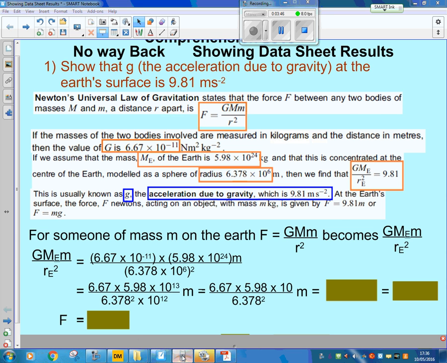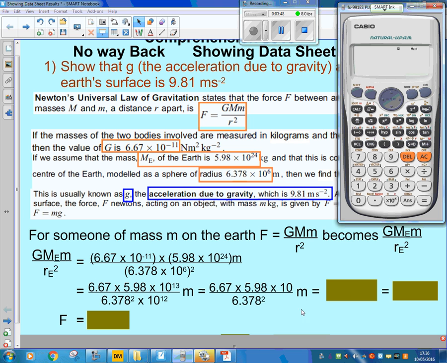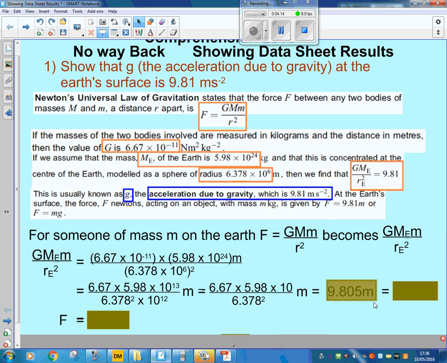If we go on to our calculator, we can type that lot in and see what it is all going to become. So I'm going to get 6.67 multiplied by 5.98 multiplied by 10, and then I'm going to divide by 6.378 squared, and it becomes 9.805, so on, 9.805 m.